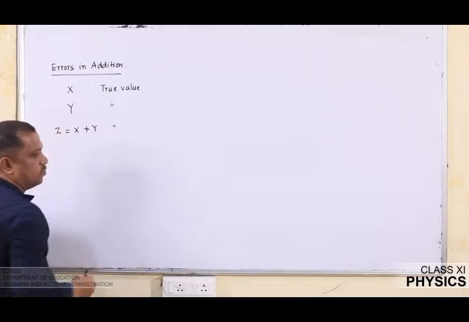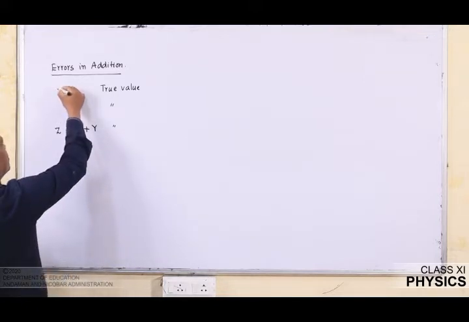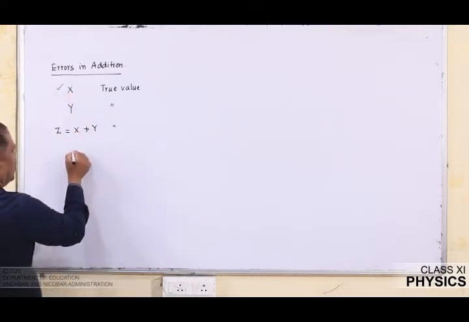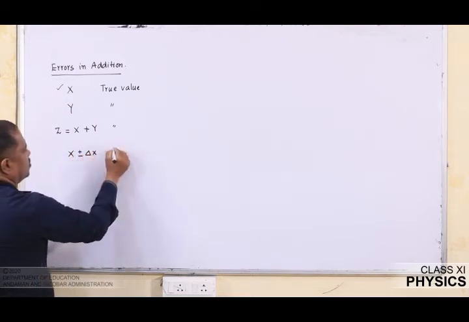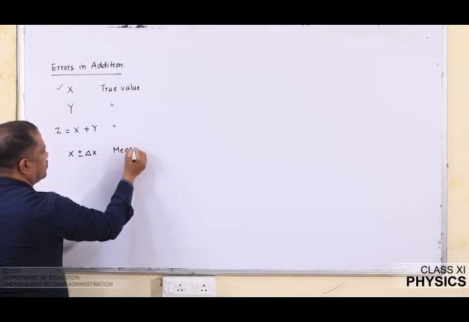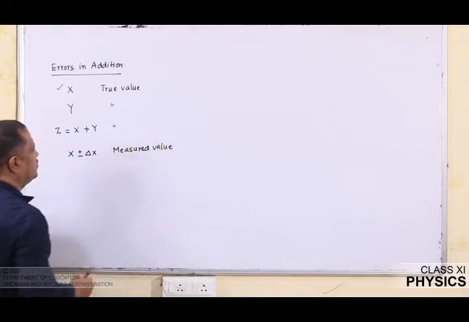So, this is also a true value. But when I asked a student to measure this physical quantity, he will have come out with x plus or minus delta x. So, this is a measured value, or say observed value.